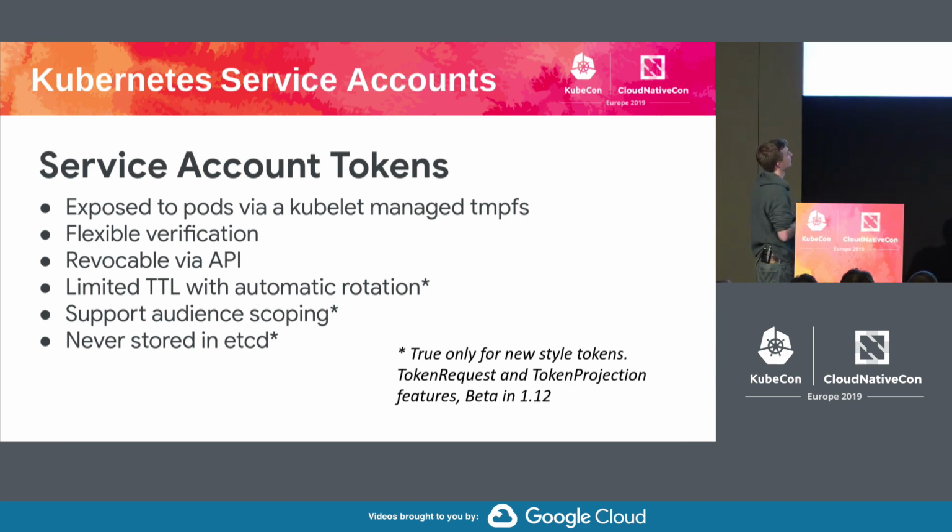They are revocable via the API to an extent, and the last three bullets are true of the new style service account tokens that are beta in Kubernetes 1.12. They have limited TTL with automatic rotation, they support audience scoping, and they're never stored in etcd. So they have a lot of good security properties that make them seem like they might be useful for our use case.